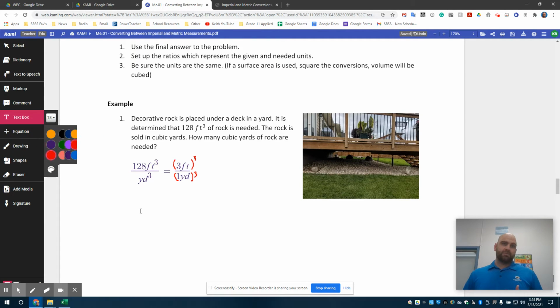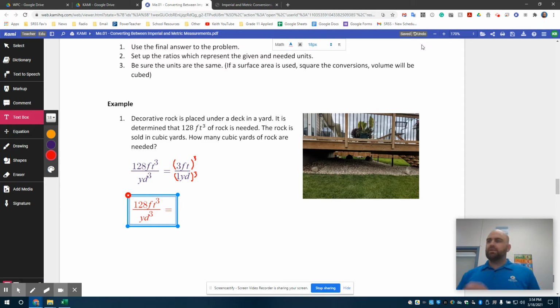What that's going to give us: 128 feet cubed over yards cubed, which we don't know how many yards that'll be yet. And 3 feet times 3 feet times 3 feet is going to be 27 cubic feet.